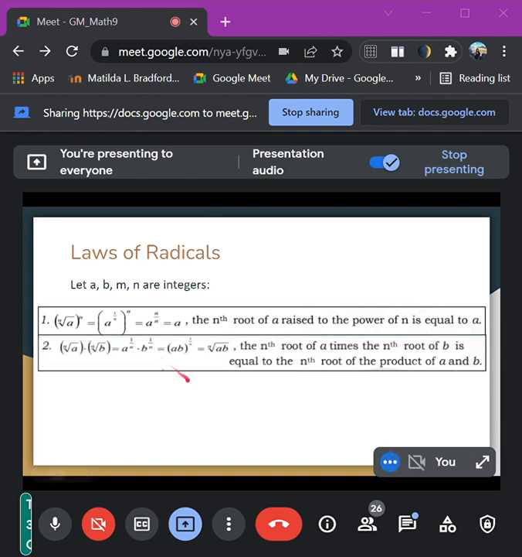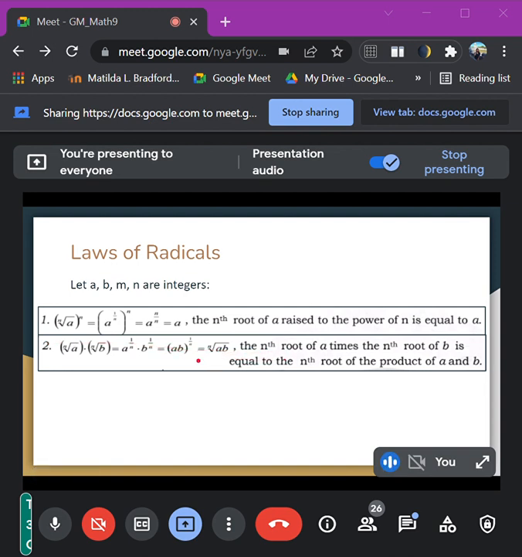And next one, we have here nth root of a times nth root of b. So if i-change nato siya into exponential form, that would be a raised to 1 over n times b raised to 1 over n. So you can write that one, class, as quantity a times b, or ab, raised to the power of 1 over n, because they have the same fractional exponent. They have the same index.